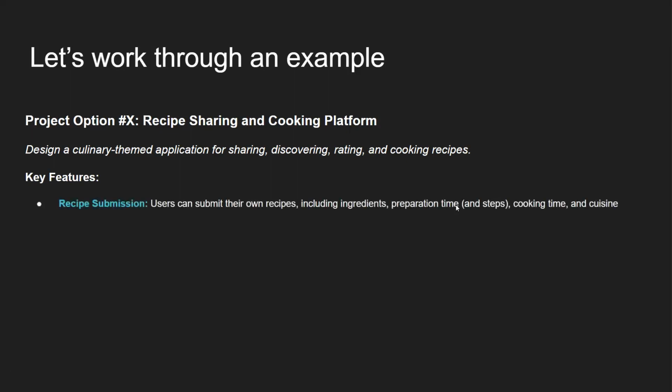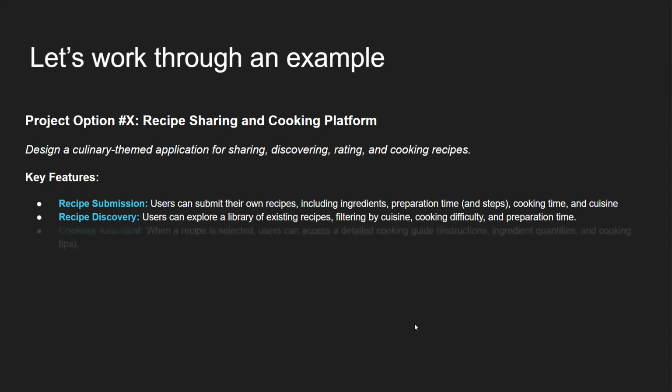These are some of the key features. Recipe submission: we want users to be able to submit their own recipes, including ingredients, preparation time, cooking time, and cuisine. Recipe discovery: users should be able to explore a library of existing recipes, filtering by cuisine, cooking difficulty, and preparation time.